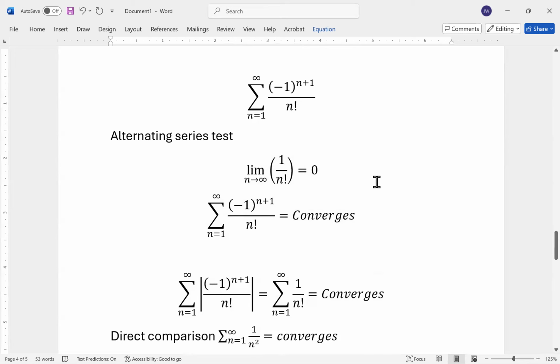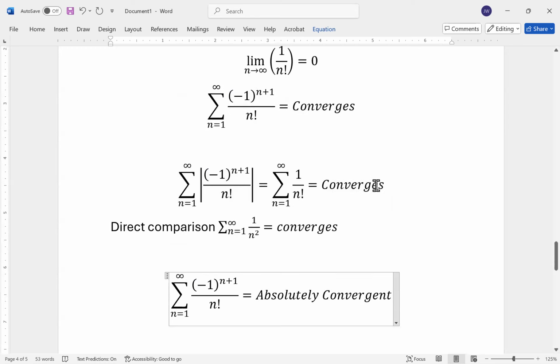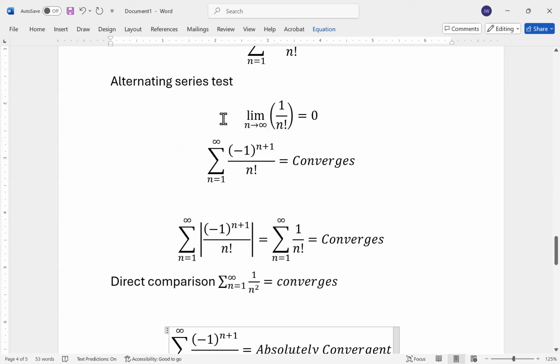You have to come up with some really wild terms to be positive, have limit 0 and not be decreasing. But the point is, the alternating series test is really nice, goes fairly quickly.